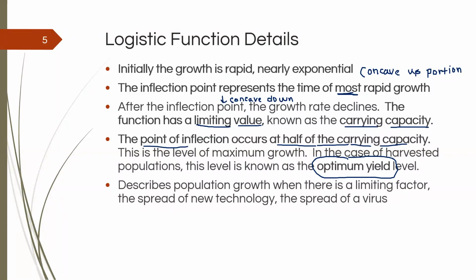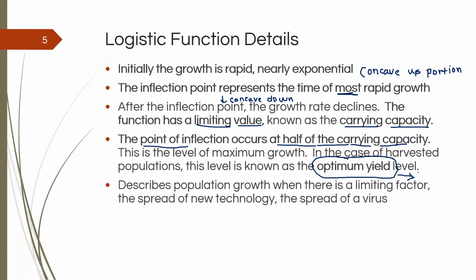And so in harvested populations, things that are growing like shrimp and fish and those sorts of things, it's important to harvest them at that point of inflection because the population is reproducing very quickly at that level, and so it will not die out.